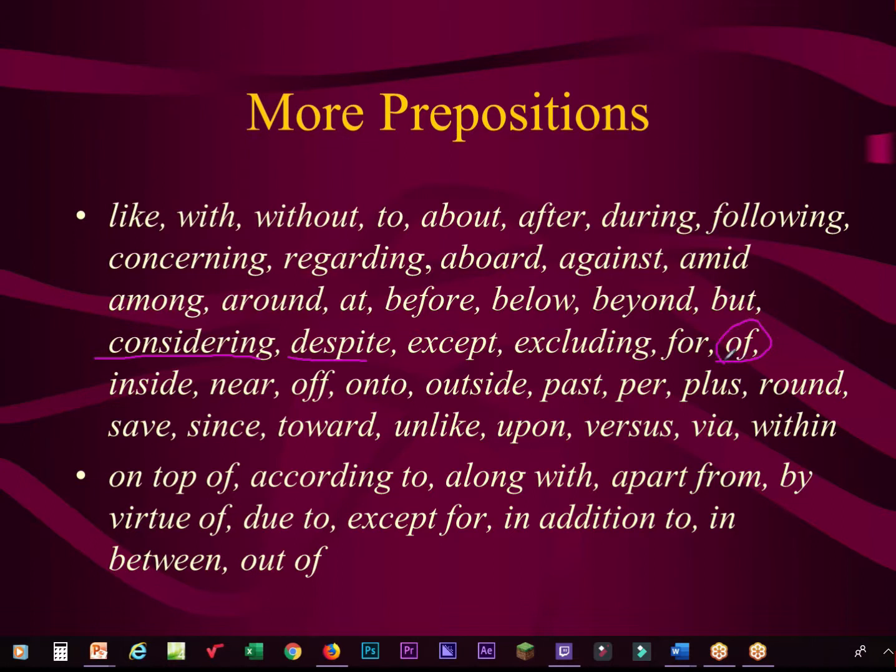So many students miss this one, so make a mental note of it. After we finish this video, come back to this page and look at all of these prepositions, and it still is not the complete list. But even so, you should be able to pick prepositions out from sentences. So let's just see if you can.